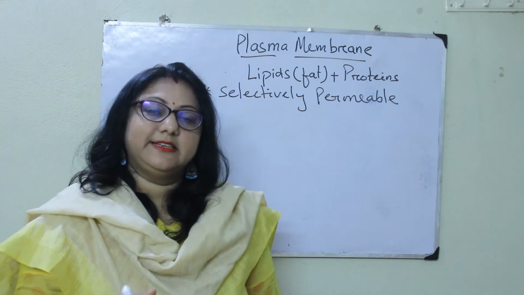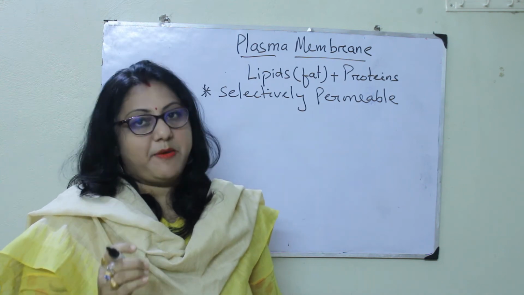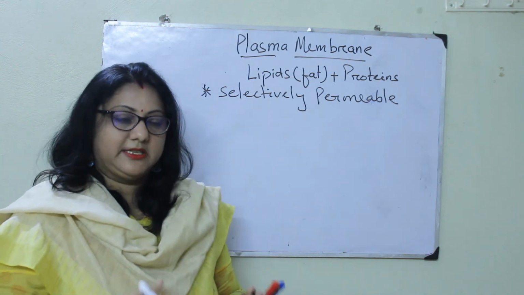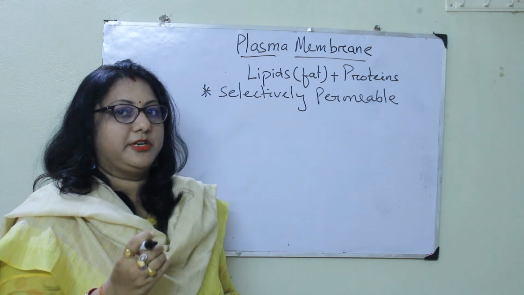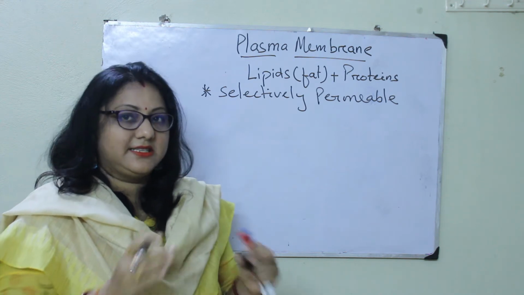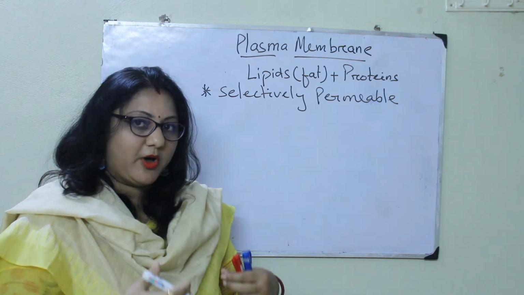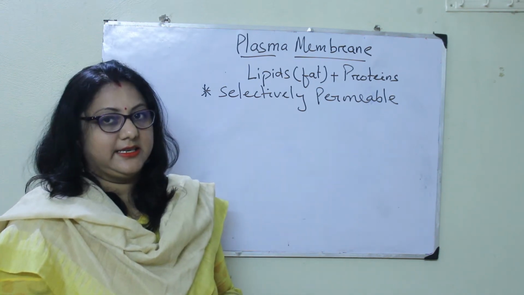So it is a selectively permeable membrane. Clear? So apart from other properties, this is the first and foremost property of the plasma membrane. It decides which molecule will go inside the cell and which molecule should not go inside the cell.